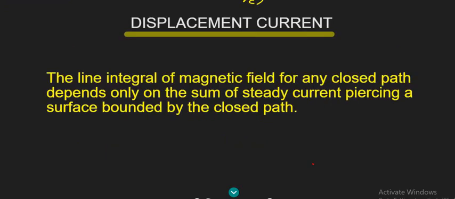Now we can easily define the displacement current, which is the line integral of magnetic field for any closed path depends only on the sum of steady current piercing a surface bounded by the closed path.